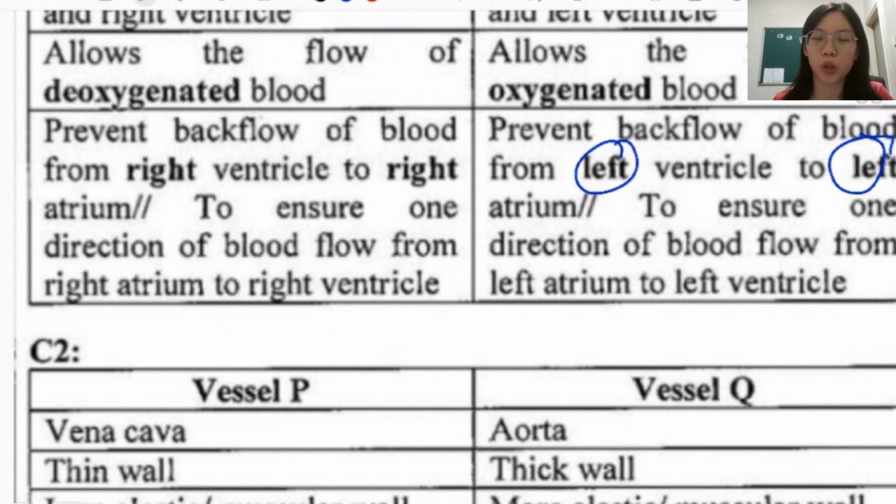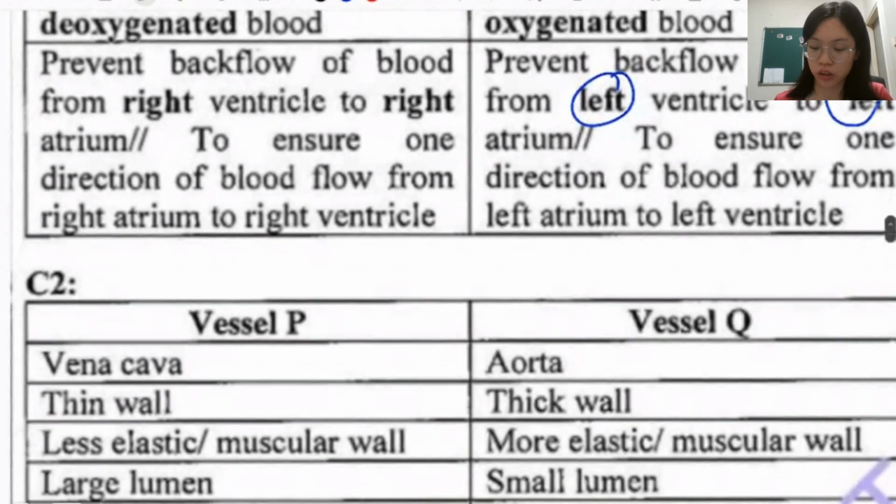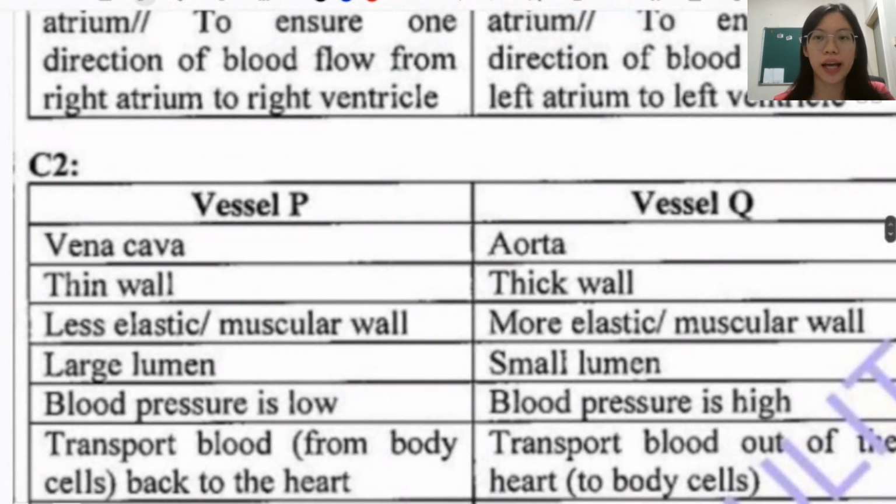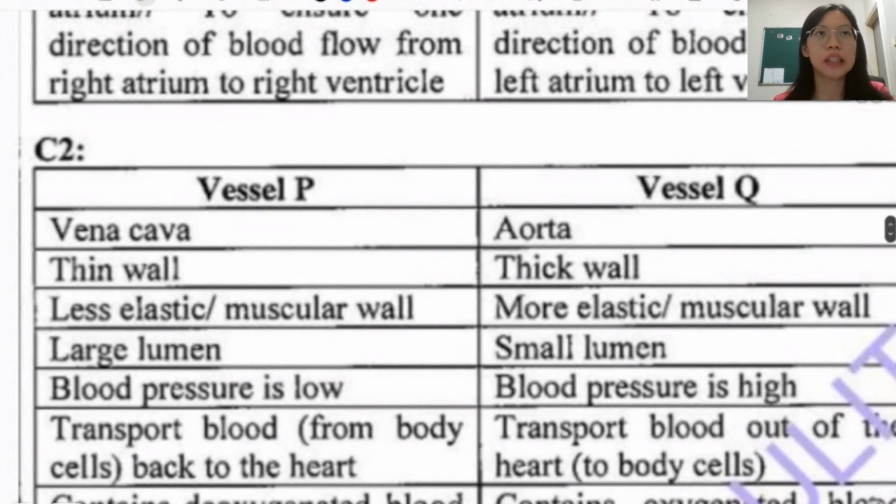More blood volume can be accommodated. So it's more elastic, muscular. And since this one is artery, remember differences between artery and vein. Artery tends to have a smaller lumen. Okay, but not very small, but smaller lumen so that it can generate a greater pressure.